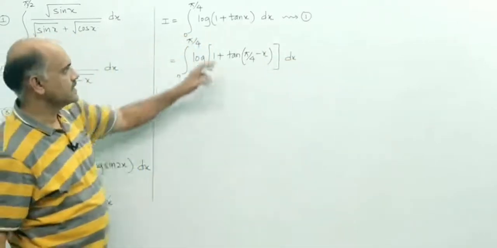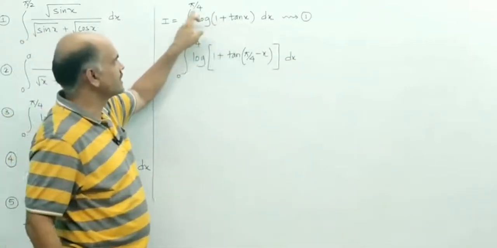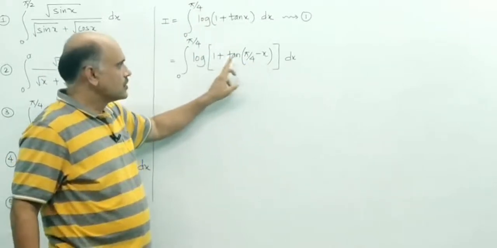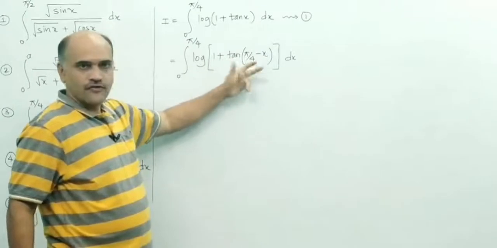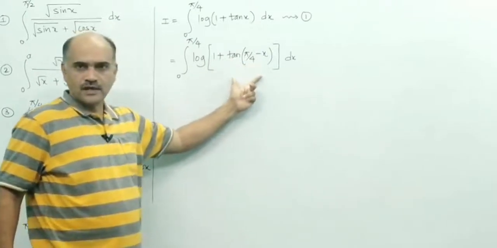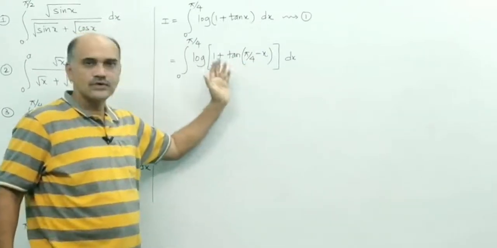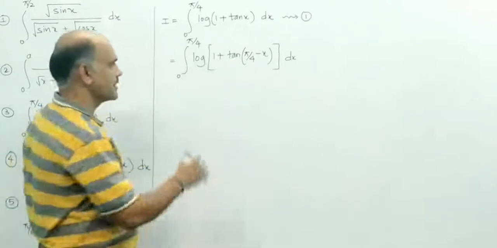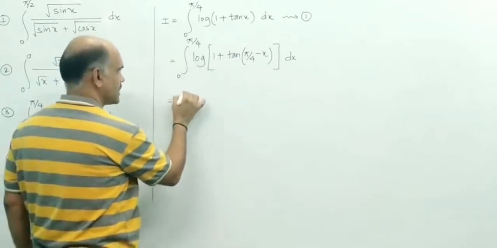So in place of x I have written pi by 4 minus x. So tan pi by 4 minus x you apply the formula. Else if you don't know, you can use tan a minus b, tan a minus tan b by 1 plus tan a into tan b.